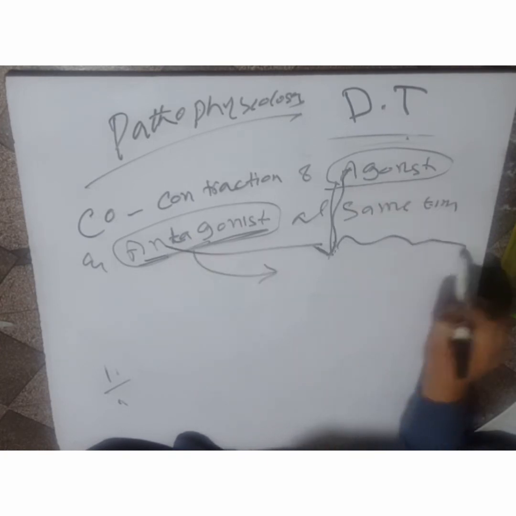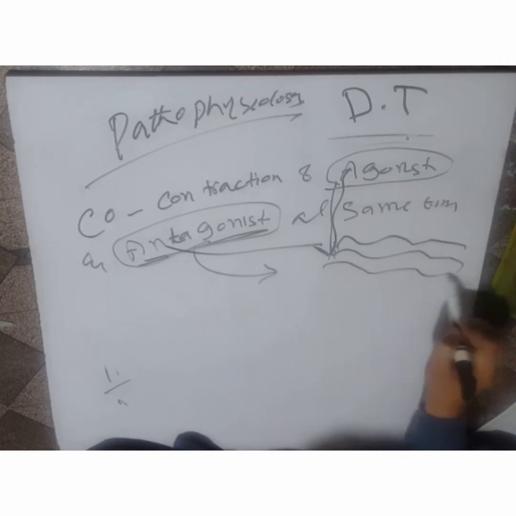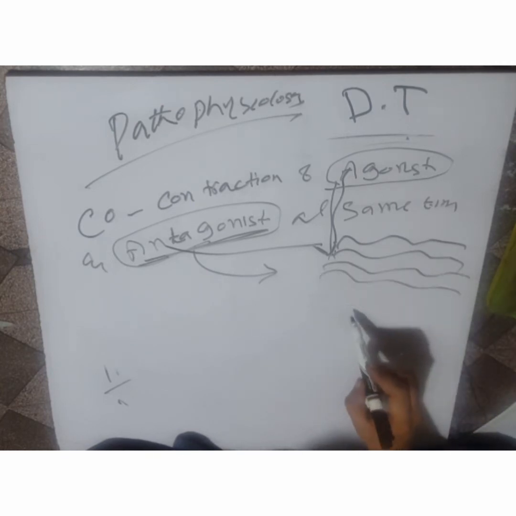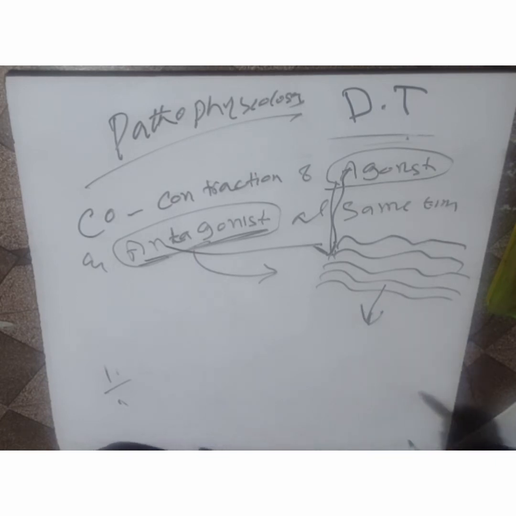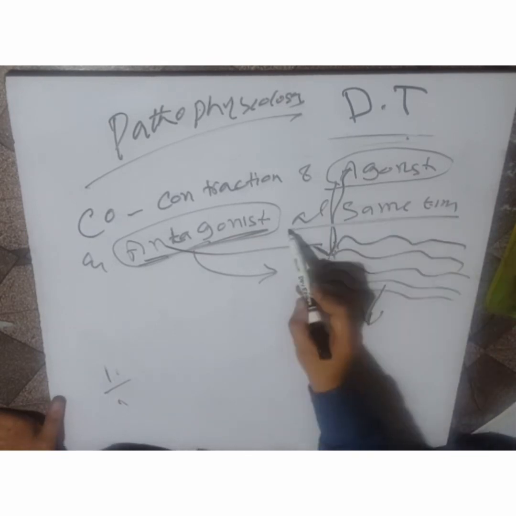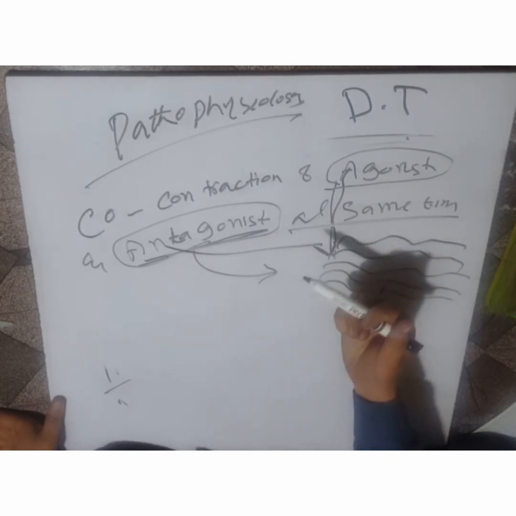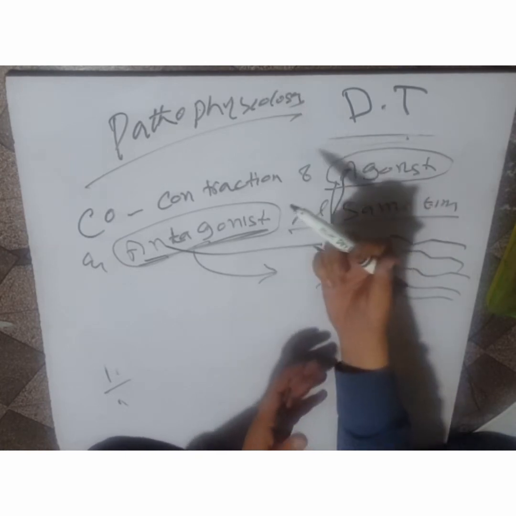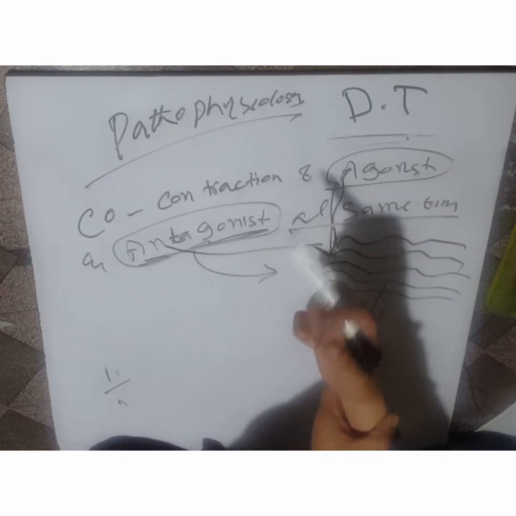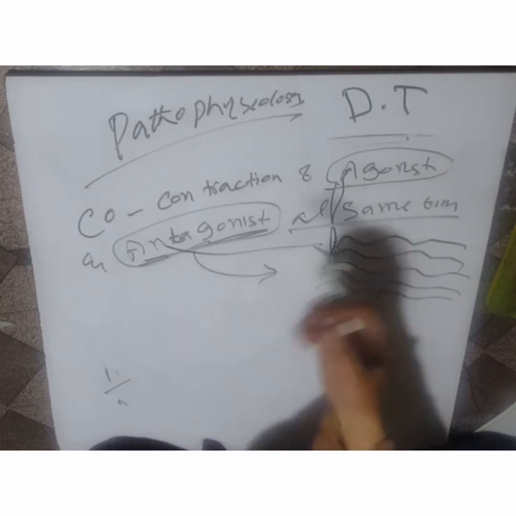So there is a pattern type of movement, not unpatterned. This pattern type of movement is called dystonia, due to the co-contraction of both agonists and antagonists at the same time. One starts an action, the other inhibits. This is called dystonia.